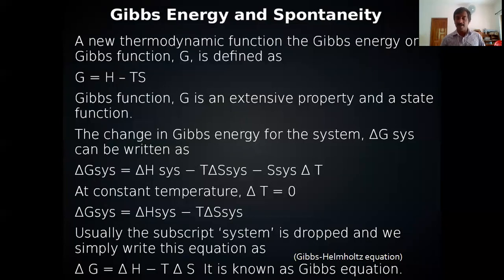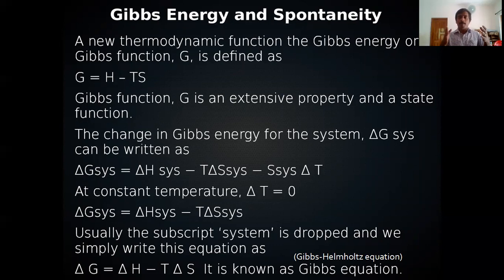Now Gibbs energy and spontaneity. Here we mentioned there are two factors: decrease in enthalpy and increase in entropy are the driving forces of a spontaneous process. Or these two are the criteria for a spontaneous process.